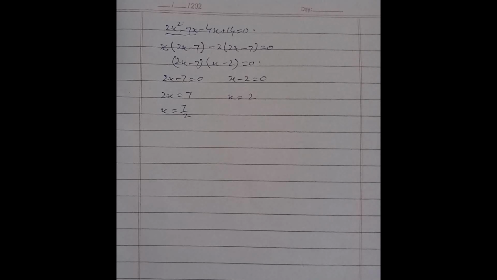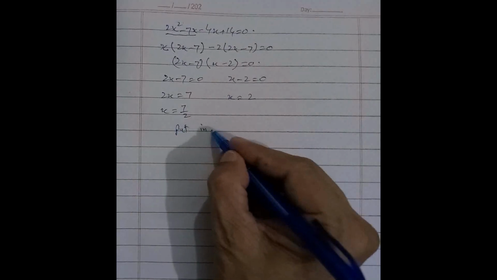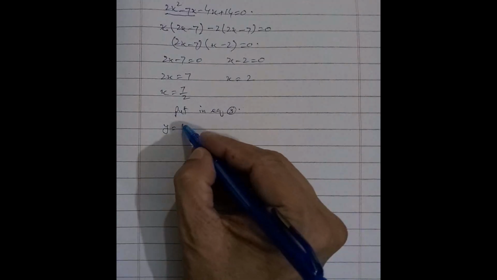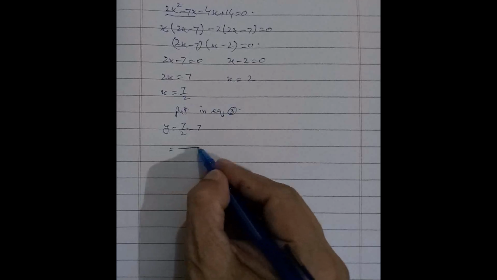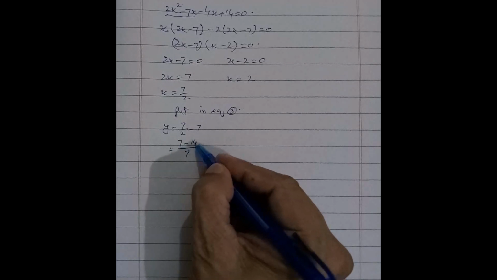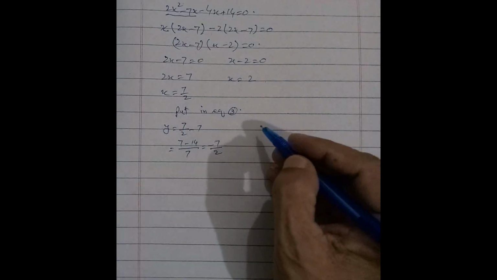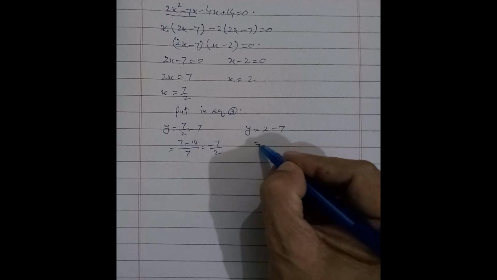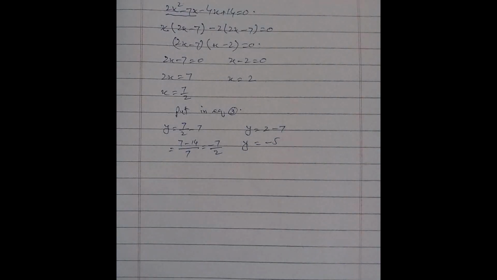Now we put the values of x in equation 3. We get y is equal to x minus 7. We get 7 over 2 minus 7. LCM 2. 7 minus 14 is equal to minus 7 over 2. And the other value, y is equal to 2 minus 7. We get y is equal to minus 5.